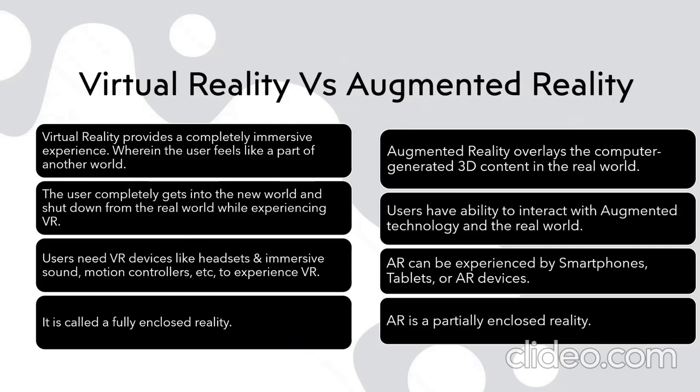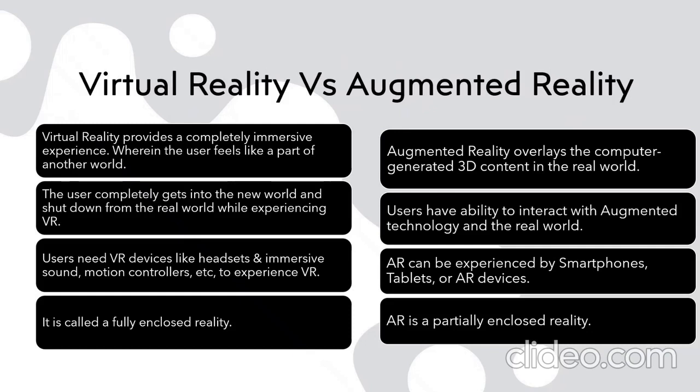Like Google Maps, it is creating augmented reality in future. The user completely gets into a new world in virtual reality. In augmented reality, the user can interact with the real world also. And in virtual reality, the user needs headsets and immersive sound, motion controllers, sensors, etc.